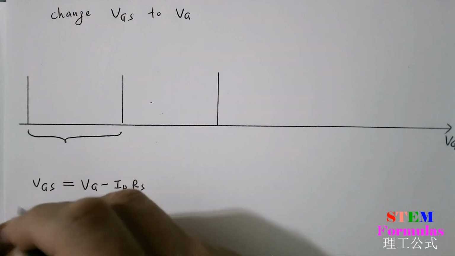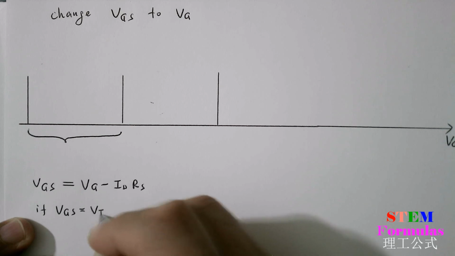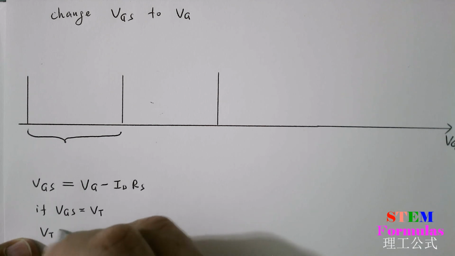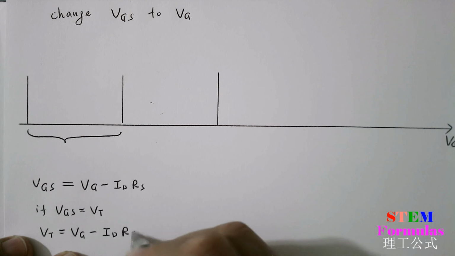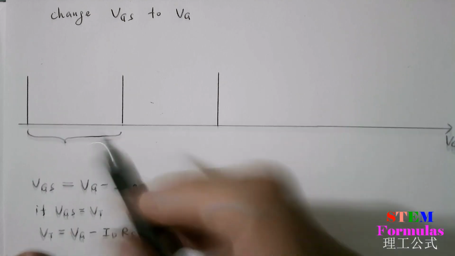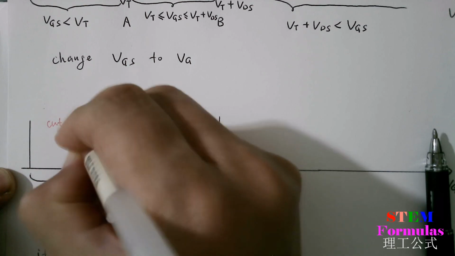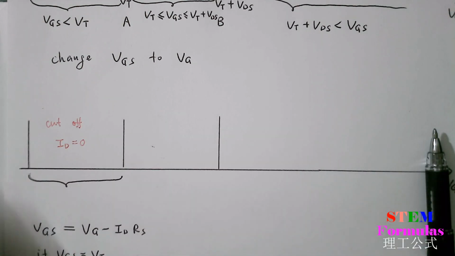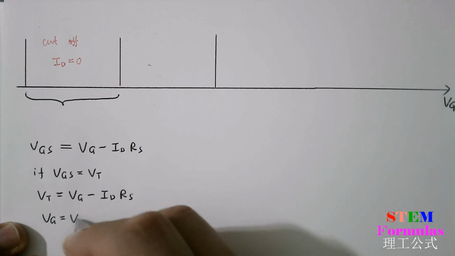If VGS equals VT, then we have VT equal to VG minus ID times RS. Now, in the cutoff region, ID equals 0, so I have VG equal to VT.